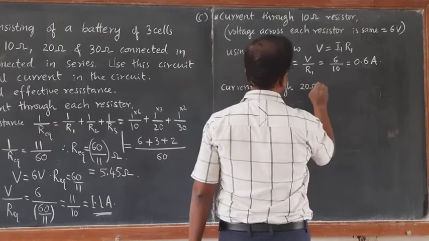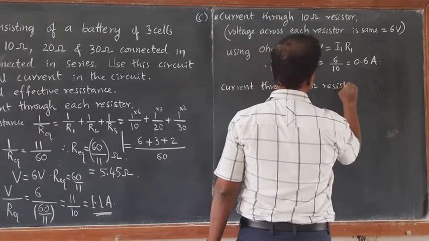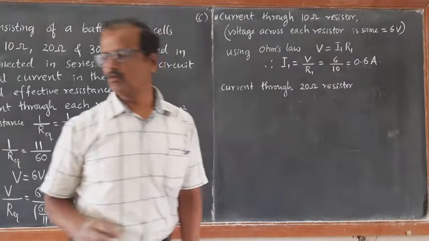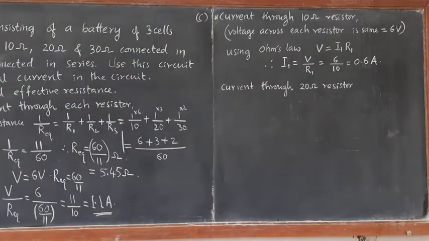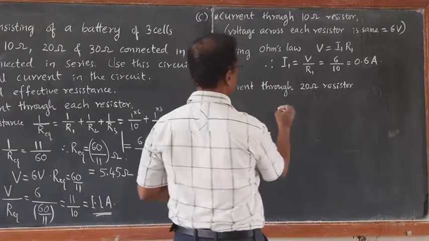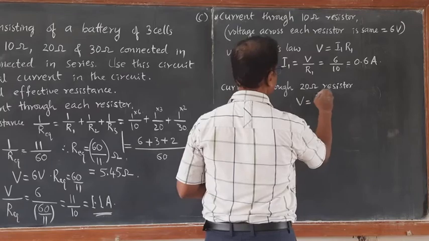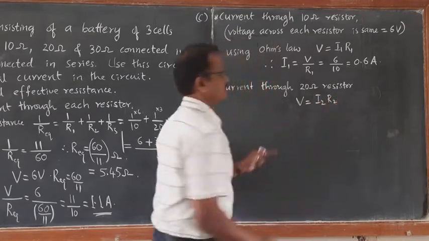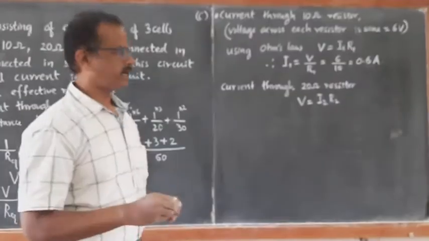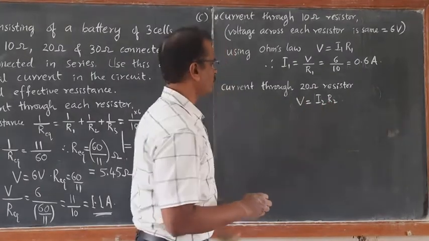20 ohm resistor. Current through the 20 ohm resistor. Same, using Ohm's law, V remains the same, V equal to I2 R2, where I2 is the current through the second resistor of resistance 20 ohm.